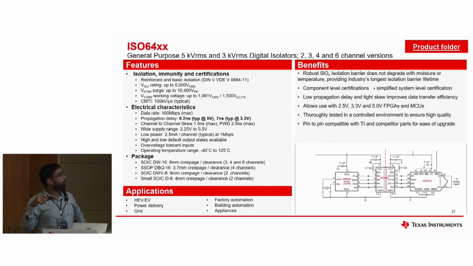One more feature that has been missing from our devices earlier is high and low over voltage tolerant inputs. What it means is, for example, on this side you want to switch off the power supply in the middle of the operation to save power, but you don't want to configure these input channels.